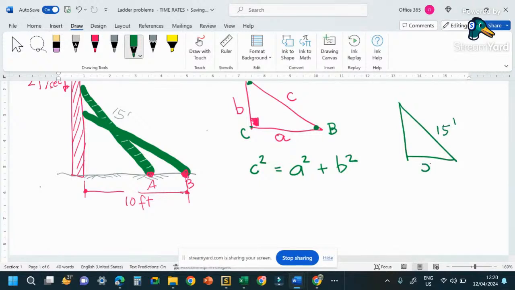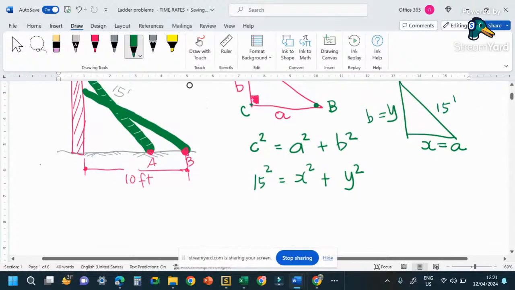Let's call this one our x and the other side y. From our illustration a while back, x is actually our A and y is our B. Our C is 15, we're going to square that, equal to our A is x, so x squared, and our B is y, so y squared.